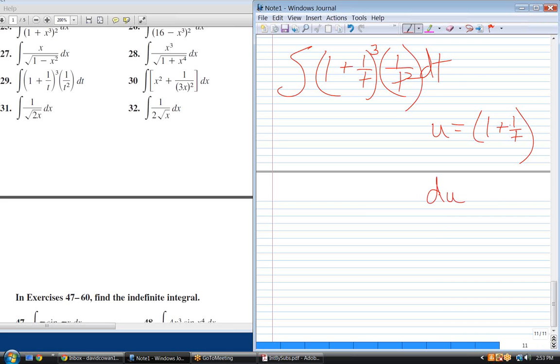Only because the variable's in the denominator over here, that probably means it's going to end up in the numerator by the time I'm done, right? What's du equal to? u is equal to 1 plus t to the minus 1. So what's du equal to?